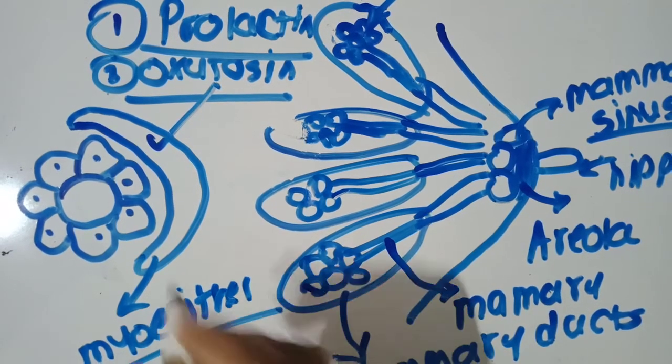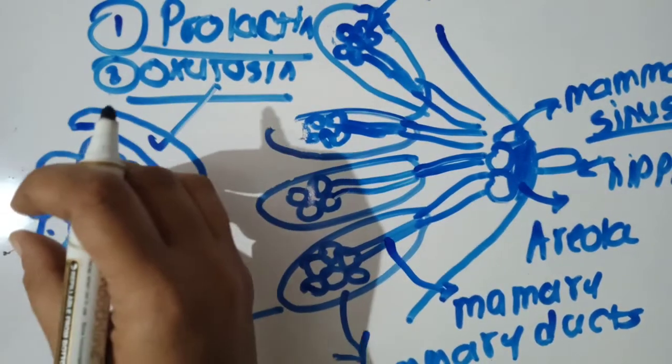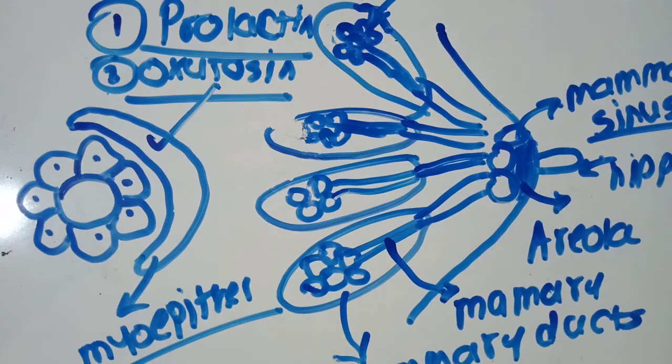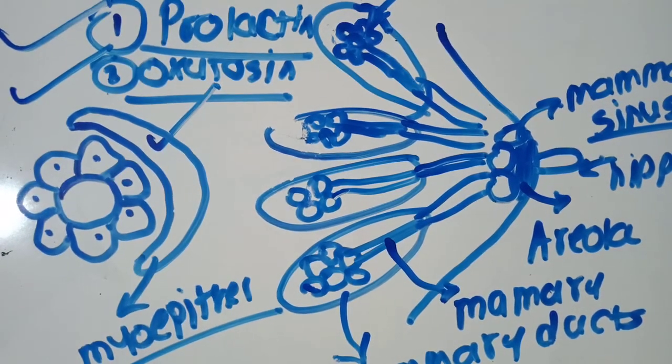They start squeezing the alveoli, and because of this the milk gets ejected out. So prolactin is important for producing milk, and oxytocin is important for ejection of milk.